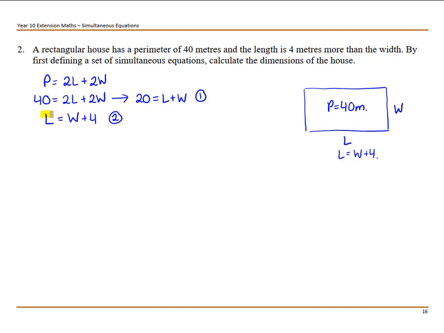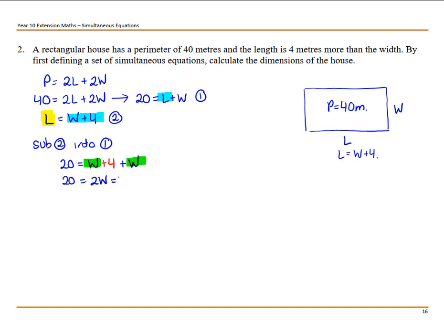L is out on its own in equation 2, so I'm going to substitute. I'm going to sub 2 into 1. So I have 20 equals, so I'm going to put this W plus 4 where the L is. So 20 equals W plus 4 plus W. Collect my like terms.